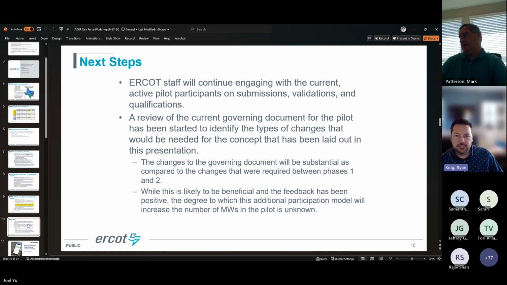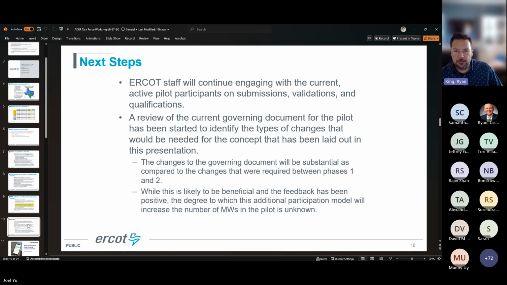So basically the way we are looking at this is we'll have some items right before us where we'll continue engaging with current participants on everything from submissions, validation, and qualification. But we also are going to take a look at the current governing document that has been started and identify where we see opportunities to make the changes needed for this blocky load concept.